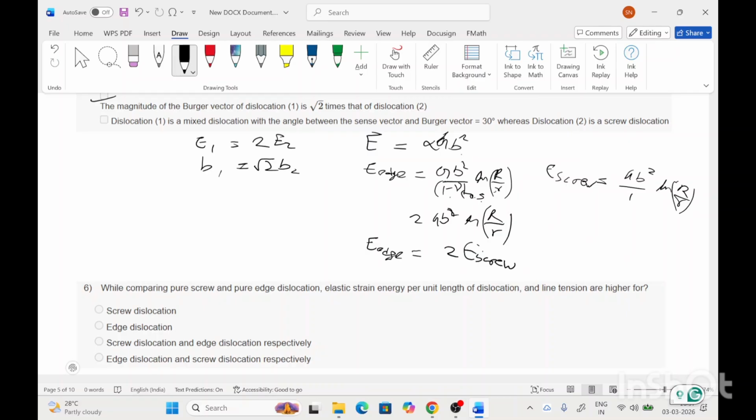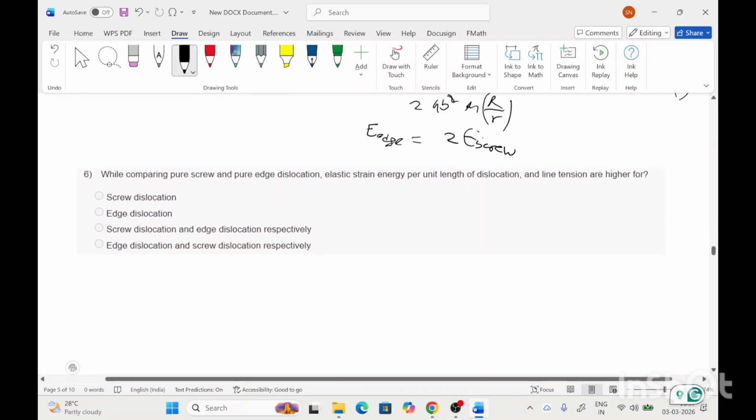So the energy for edge dislocation is generally higher compared to the screw dislocation, and the line tension is also generally higher for the edge dislocation. So option B is correct, means the energy and line tension are higher for edge dislocation.